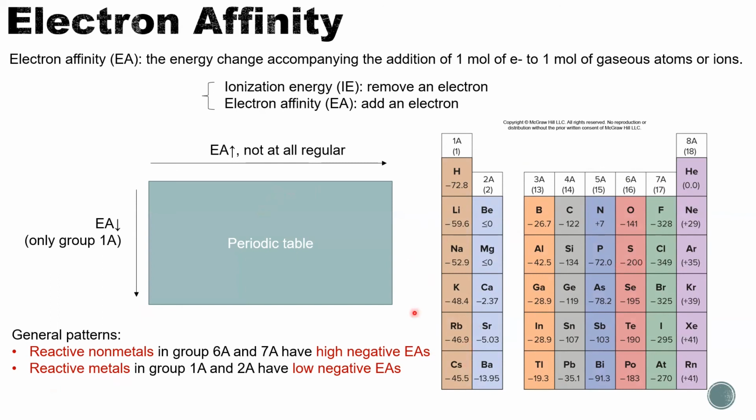So these two are the general patterns of electron affinity. And finally, noble gases in group 8A have slightly positive electron affinities. They are so stable, they do not want to add another electron. So it's a positive value.